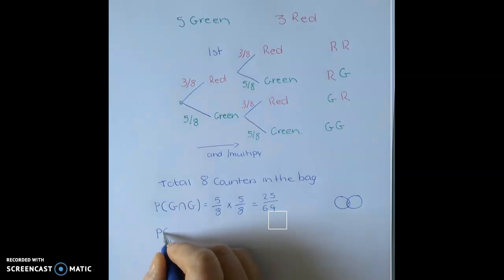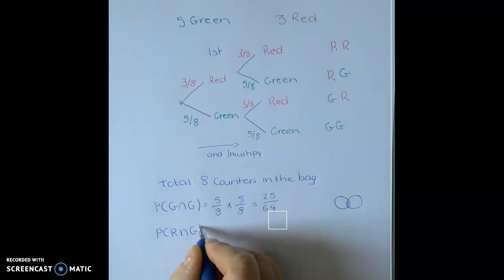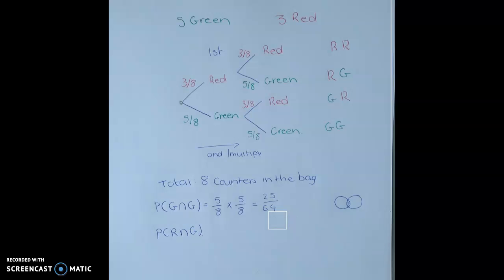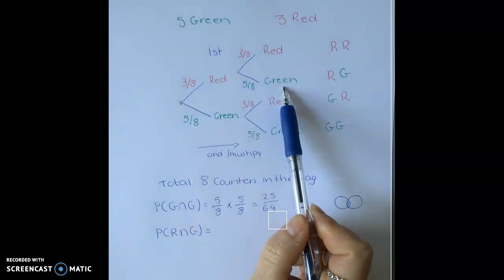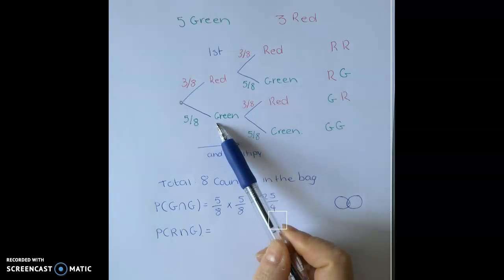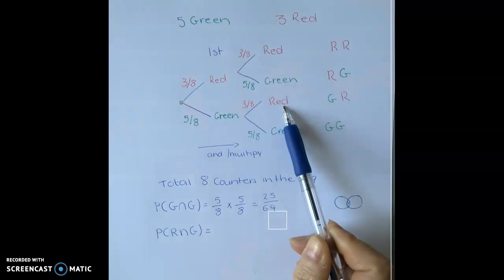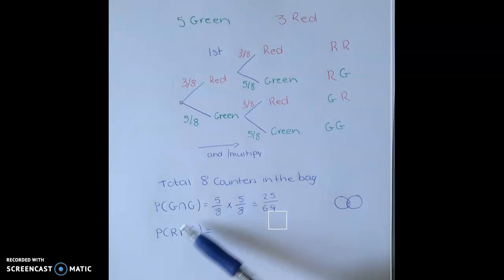So what if we wanted to pick out, say, a red counter and then a green counter? So it's the probability of picking out a red counter and a green counter. Okay, so there are two ways that we can pick out a red counter and a green counter. We can pick red first and then green, or we can pick green first and then red, because this isn't stipulating the order in which we pick out the counter.